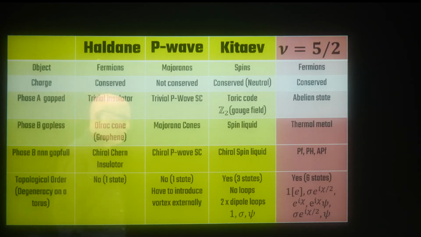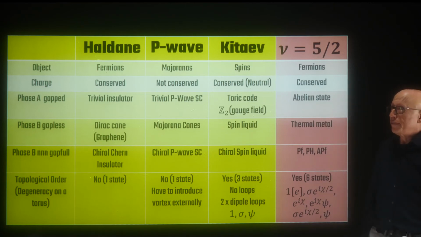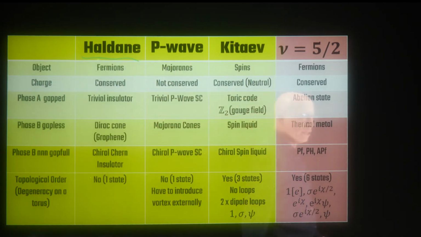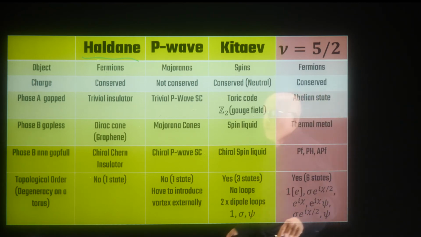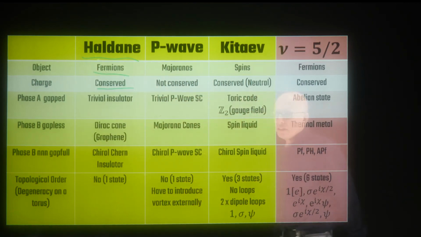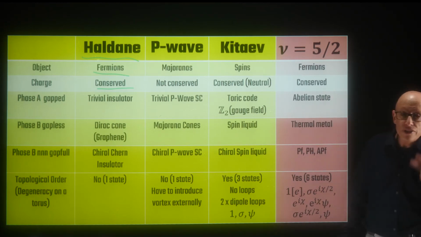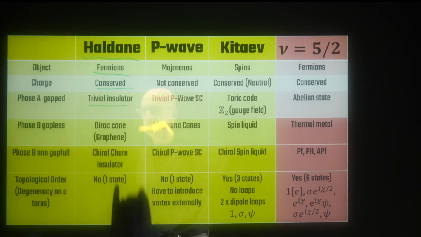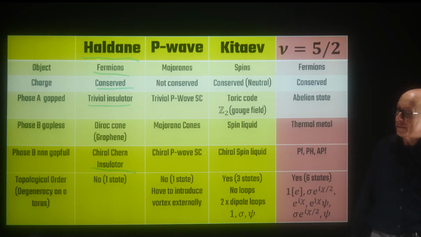So to summarize, we looked at an evolution process, if you want, where we start from a very simple tight-binding model of electrons on a lattice, and we have just a quadratic Hamiltonian of fermions. Charge is conserved, a non-interacting 2-dimensional model. And we saw that it can give rise to interesting phases, to a trivial insulator or to a Chern insulator. Those 2 are the gapped phases.